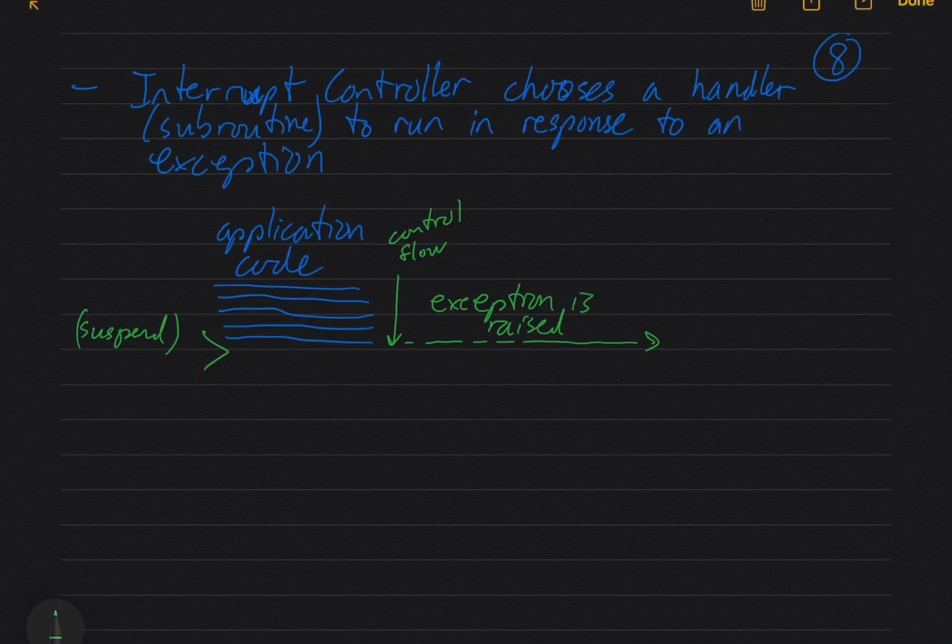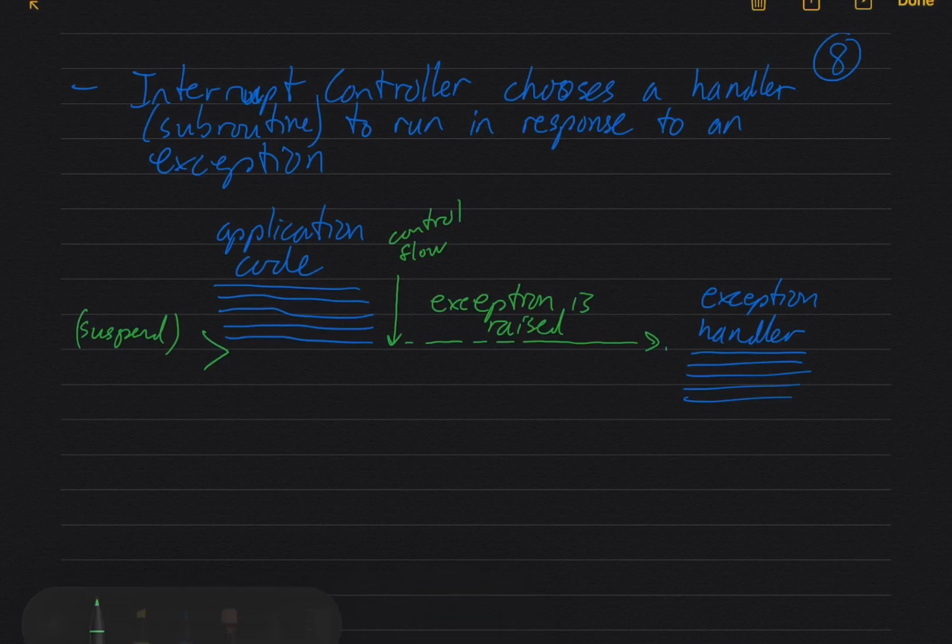It saves any register contents that it needs onto its stack, and then we go over and we run the exception handler, or the hardware runs it. The exception handler is just a subroutine, just like any other one really. Usually they don't take any parameters and the return type is void because the hardware usually doesn't have parameters to pass it and doesn't care about a return value.